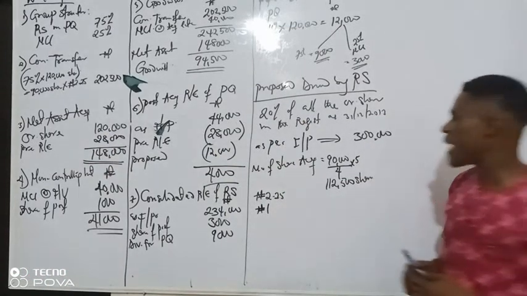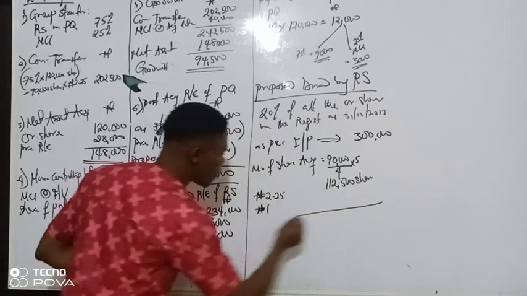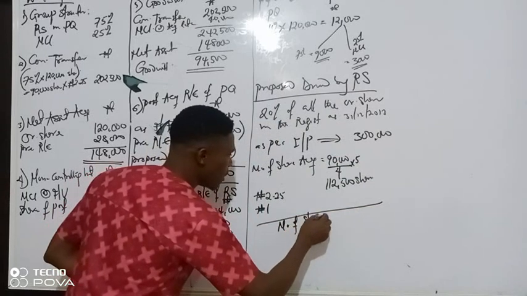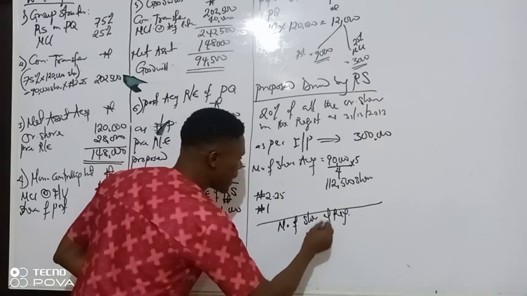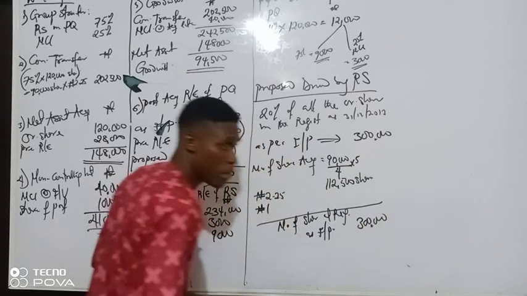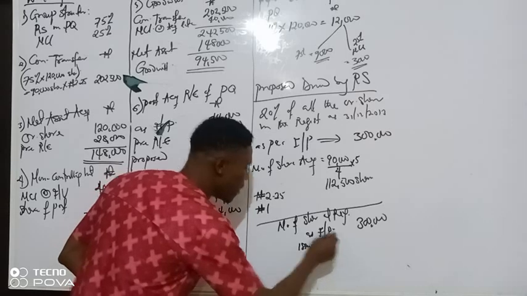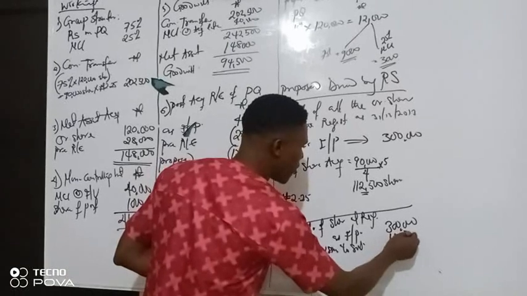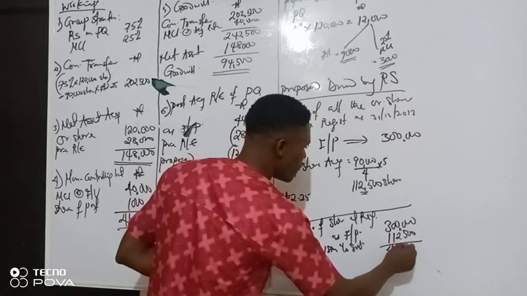So let's now calculate. The number of shares now in the register, as per financial position, is 300,000, then issued to the subsidiary 112,500. Now we have 412,500.